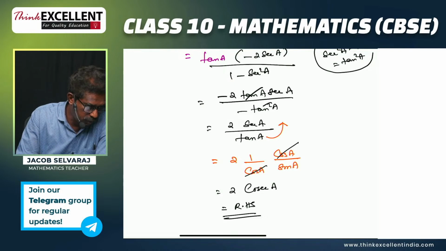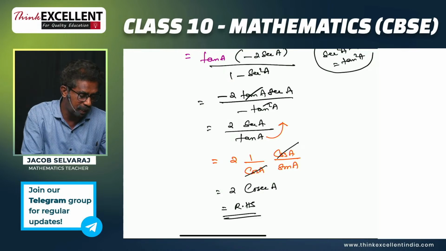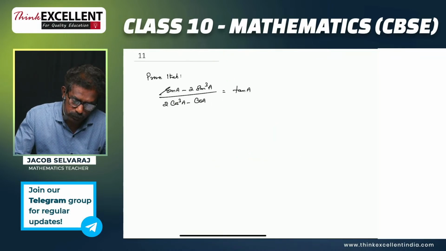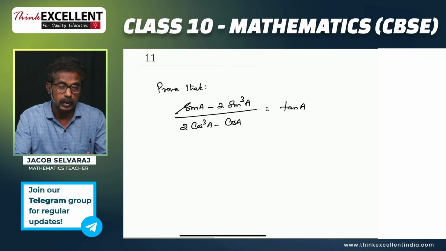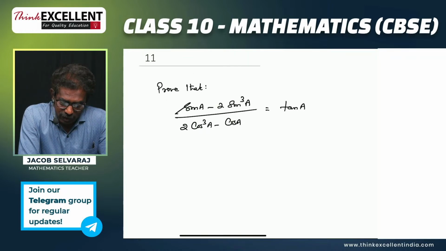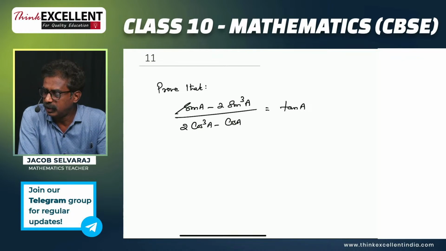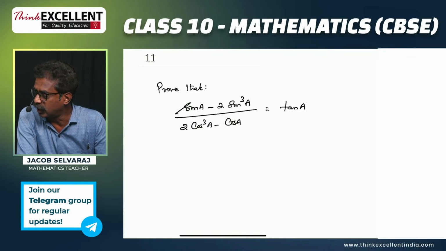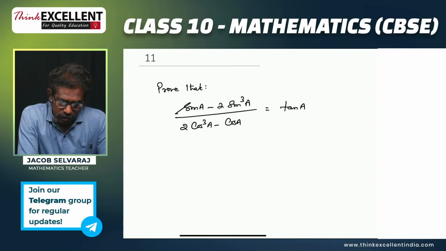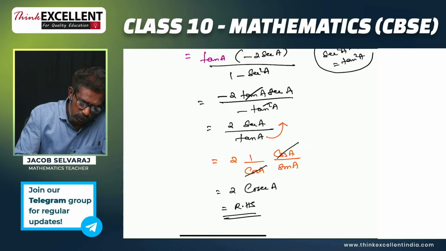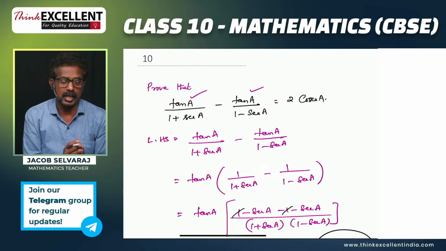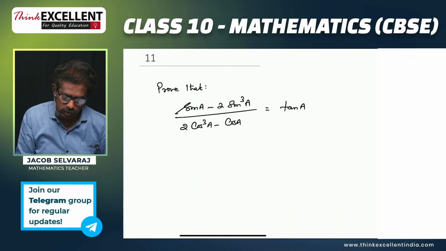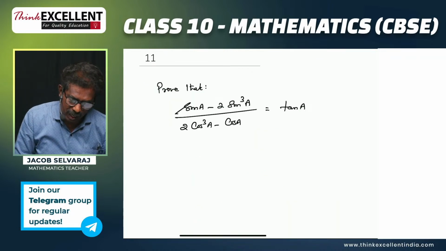Shall we move on to the next question, question number 11. Look at this question. Again prove that sine A minus 2 sine cube A. Here, like the previous question, tan A is common, right? So we took it out. Same way in this question also, in the numerator, you see what is common?